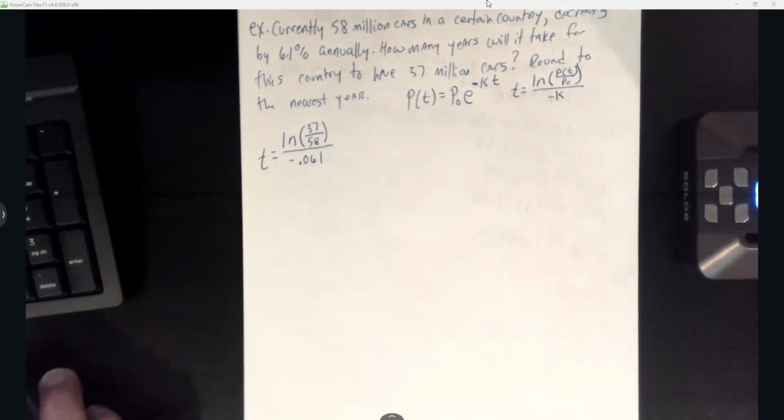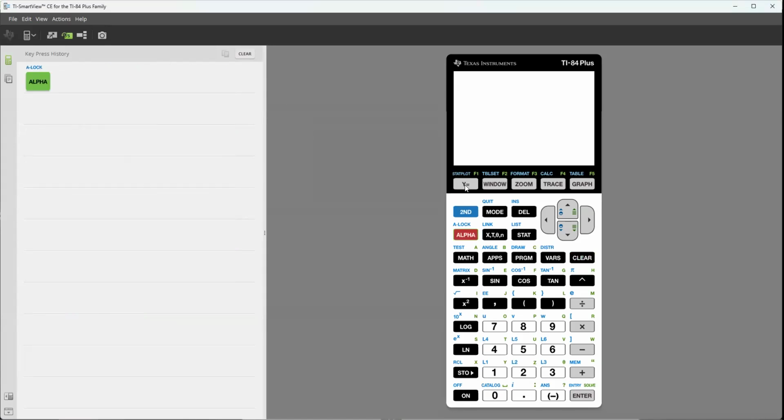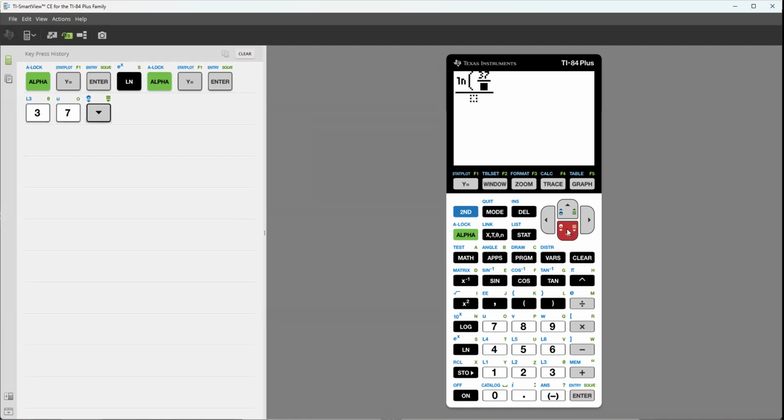All right, y'all, so let's go play with that. Like I'll do alpha y equals, make it look like a fraction. So I had an ln, and then I had a fraction in that, so alpha y equals enter. I had 37 on top. Arrow down, I had 58. Arrow over, close the parentheses.